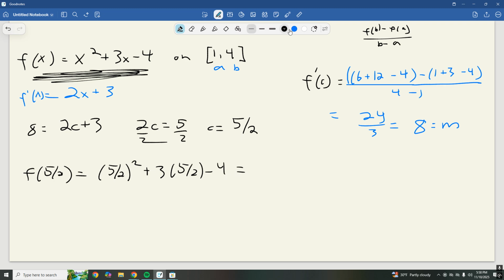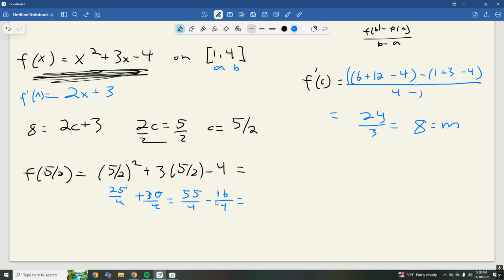This will equal 25 over 4, plus 15 over 2, that's 30 over 4, which equals 55 over 4, minus 16 over 4.